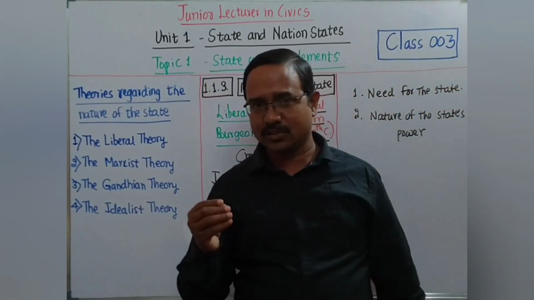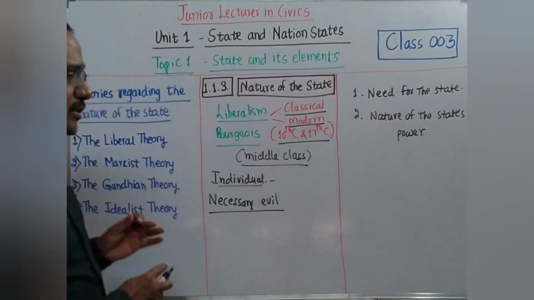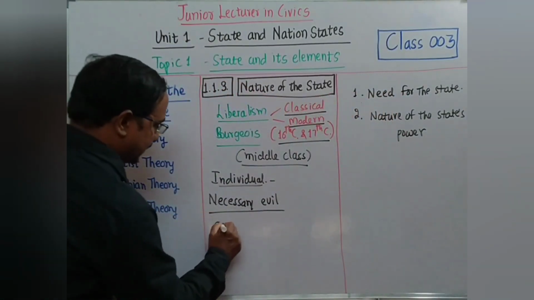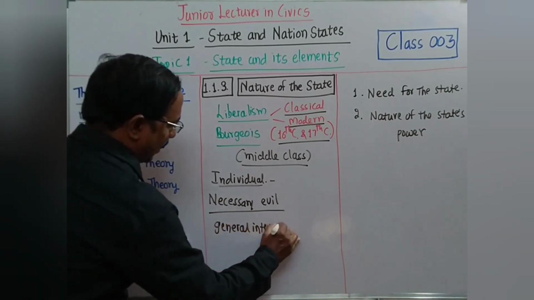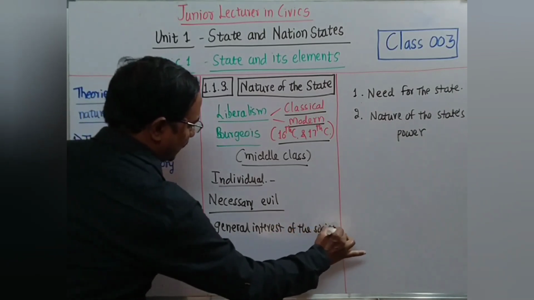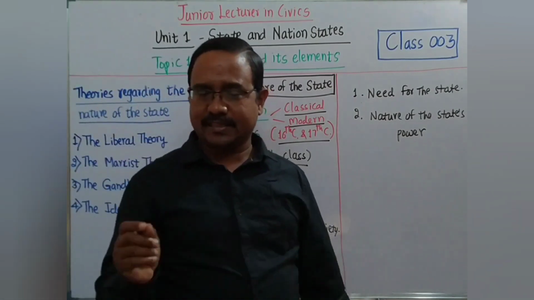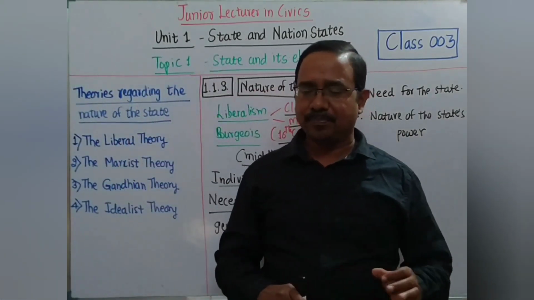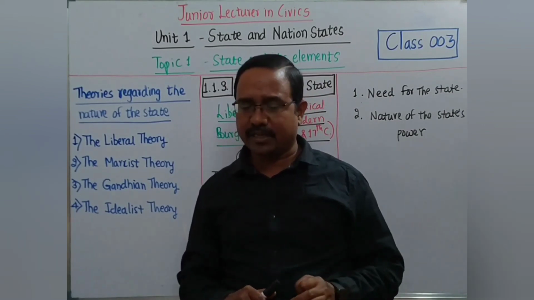The state has to look into the general interest of the society as a whole, and it is regarded as the contributor of the moral and social development of man.